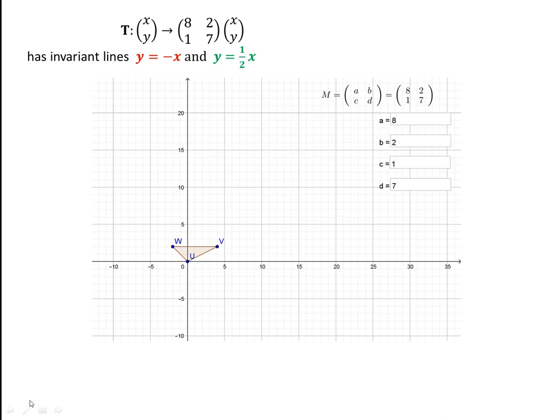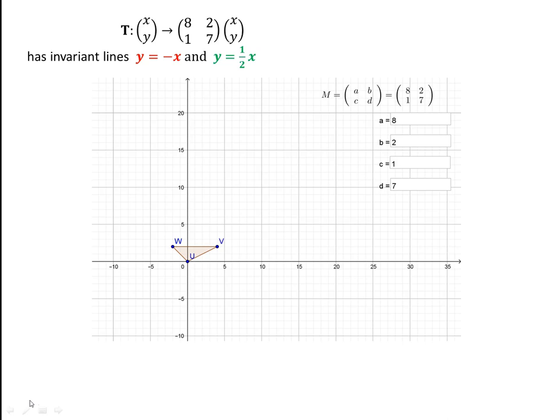So we're expecting to see that the line UV is invariant under the transformation, and also the line UW.